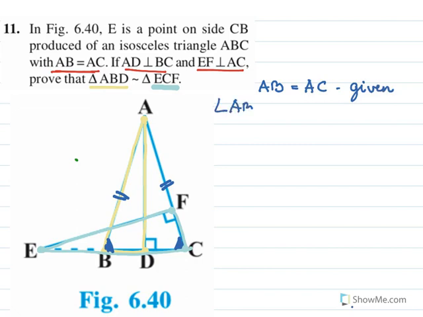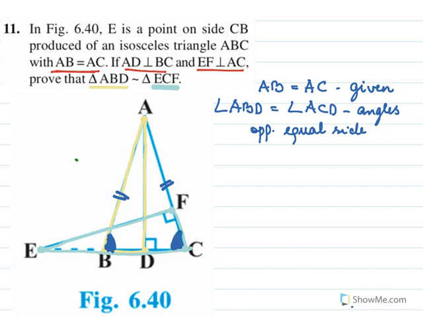So we have angle ABD equal to angle ACD, angles opposite equal sides. So we got one angle. We have this angle here equal to this angle here. And if you notice, there is a 90 degrees in one angle and this 90 is in the other angle.